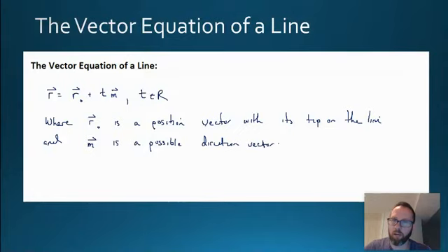So just like slope, to get the equation of a line in y equals mx plus b form, you needed a point on the line and the slope. To get the vector equation, it's the same thing. You need something to get you to your line, r naught, and then something to give it direction, m.